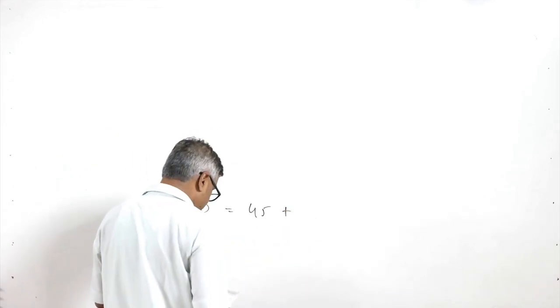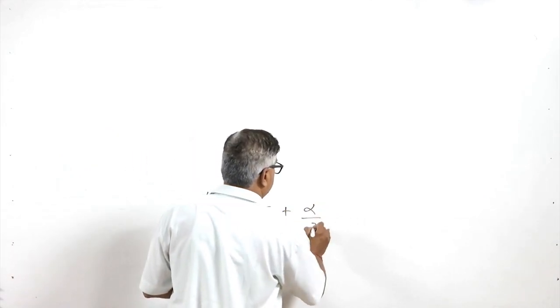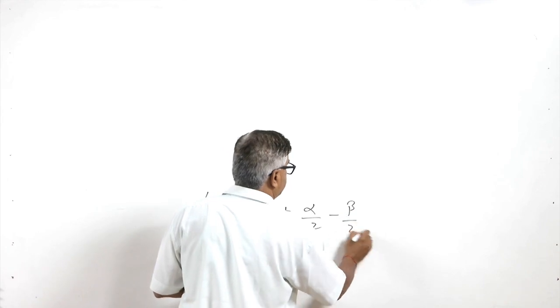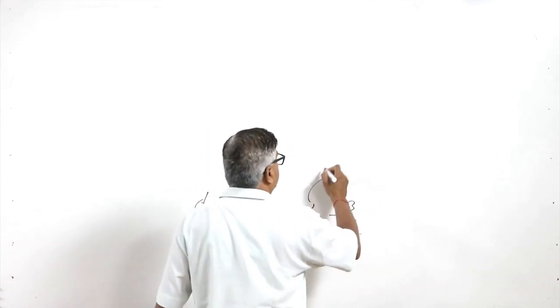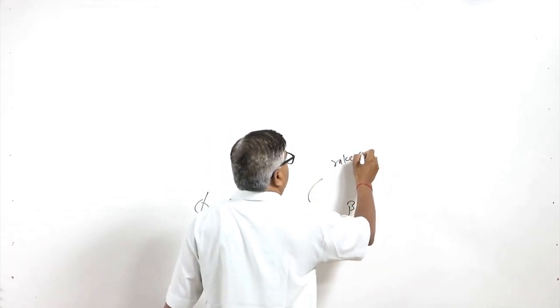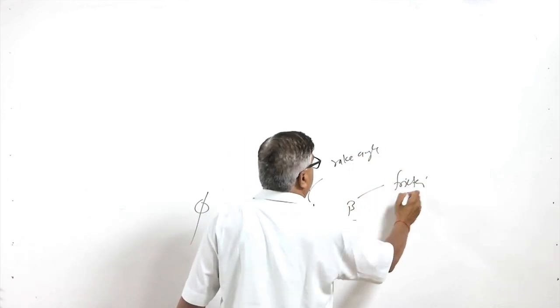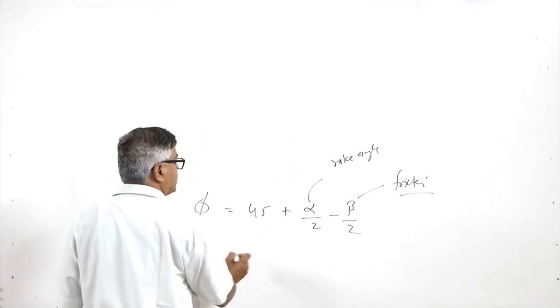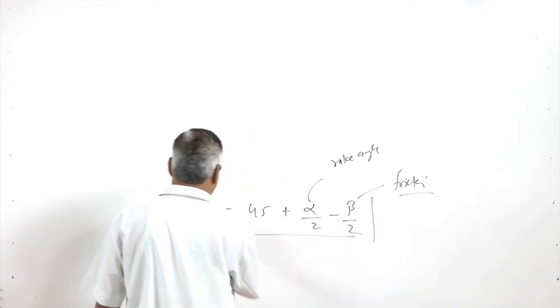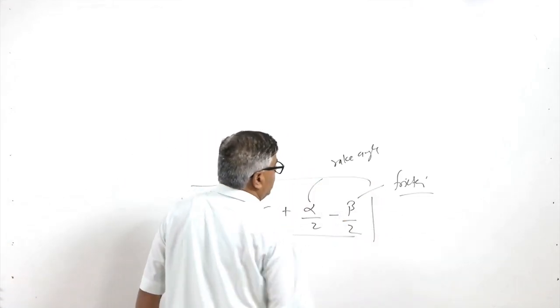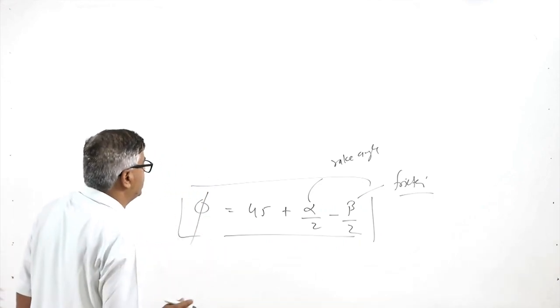So, phi equals 45 plus alpha by 2 minus beta by 2, where alpha is the rake angle and beta is the friction angle. This gives us the shear plane angle corresponding to the minimum energy requirement.